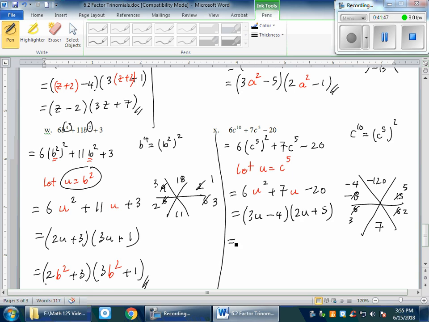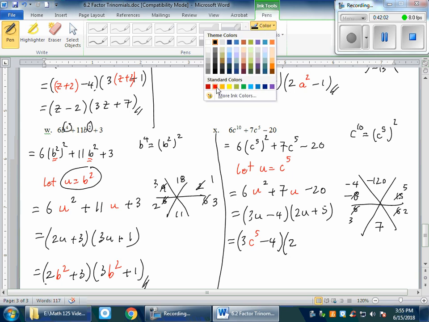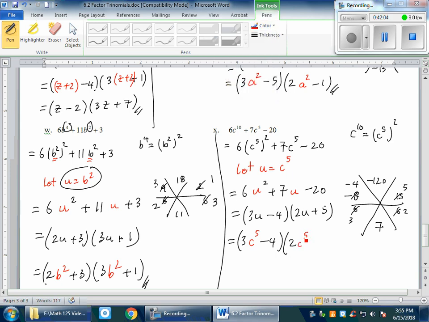And finally, we're going to substitute back u with c to the 5th power. So that will become 3 times c to the 5th power minus 4 times 2 times c to the 5th power plus 5. And this will be my final answer, and that concludes our session.